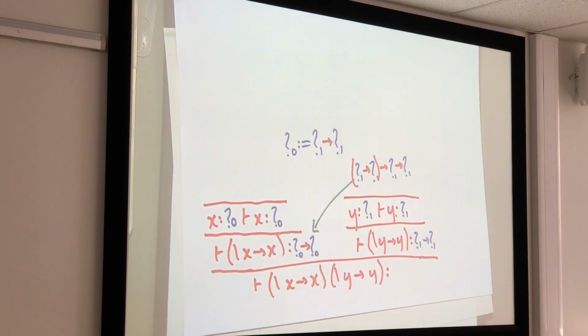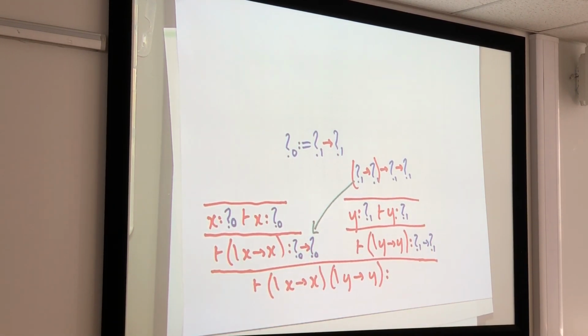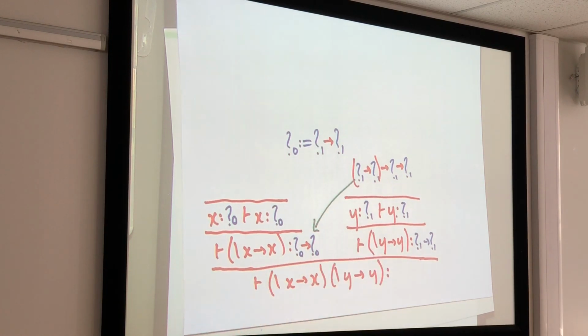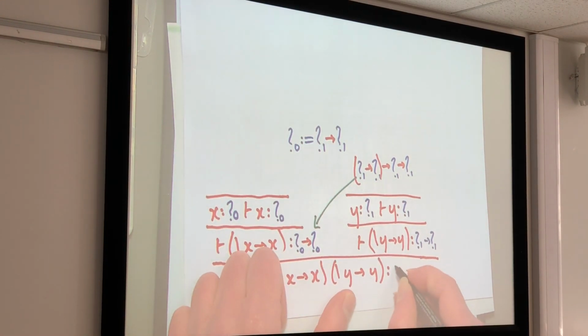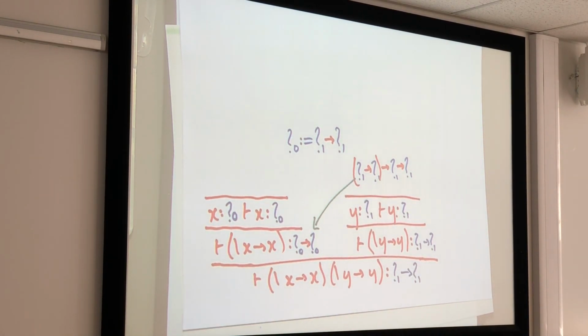And then we know that when we plug in, now that we've satisfied the constraint, we can give back the type of the whole thing, which is question mark 1 arrow. I seem to have given up worrying about whether my arrows are red or blue. So we figured out that the whole thing gives us back a function, right? We're applying the identity function to the identity function. We're definitely getting back a function. That function definitely inputs some type of thing and gives back the same type. We don't know what type.